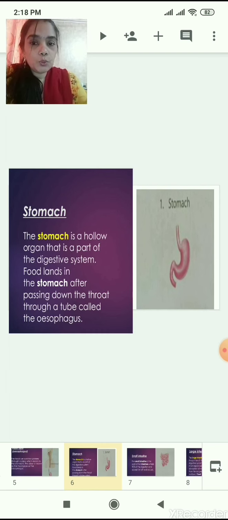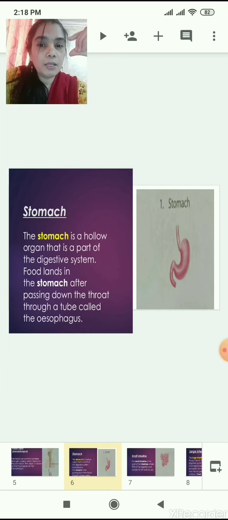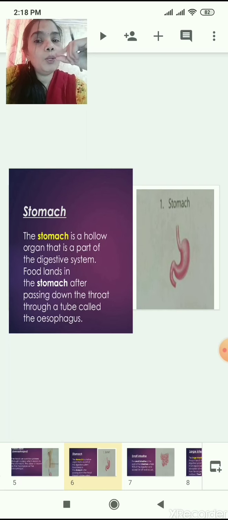I can tell you to imagine how your stomach is. Have you seen a balloon? Yes, our stomach is like a balloon. When you blow the balloon, what happens? Air gets filled in the balloon. In the same way, our stomach is also like a balloon. When we eat more and more food, very slowly, our stomach gets bulged.